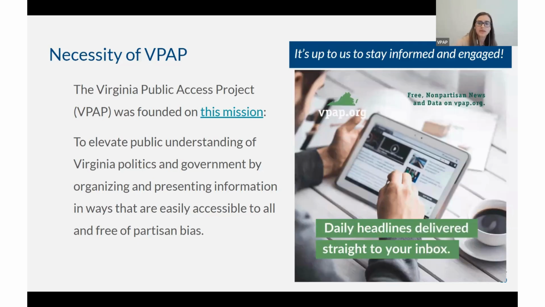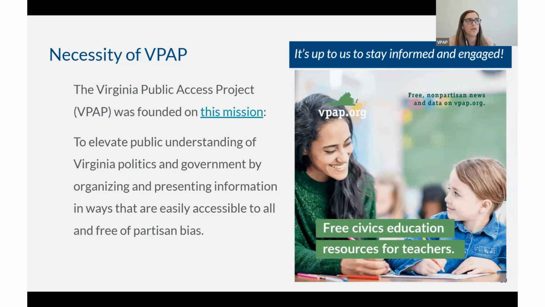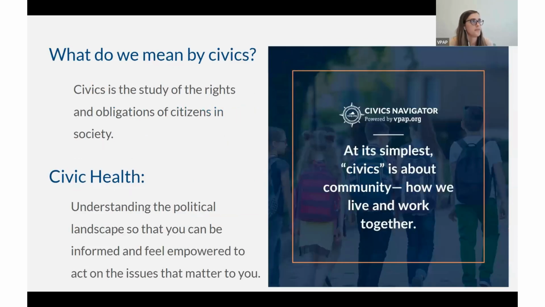And so keeping in mind that it's up to us to stay informed and engaged, that's our first step in going beyond the ballot box, going beyond voting, to stay informed and engaged throughout the process of governance.